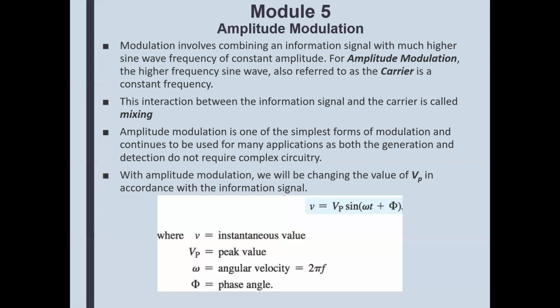If you ever listen to AM radio, which is the amplitude modulation radio, if there is a storm nearby and there is this electric kind of lightning, you're going to hear that because it affects the amplitude. It's going to mix with the amplitude of the signal. So you're going to hear that.